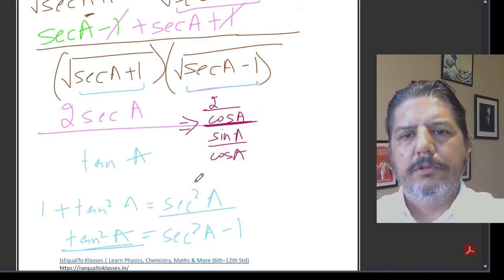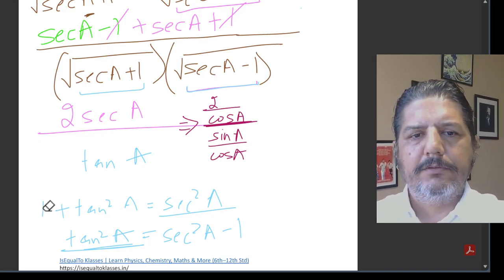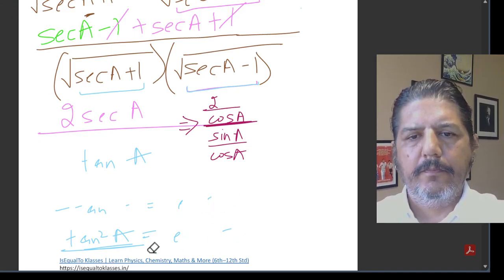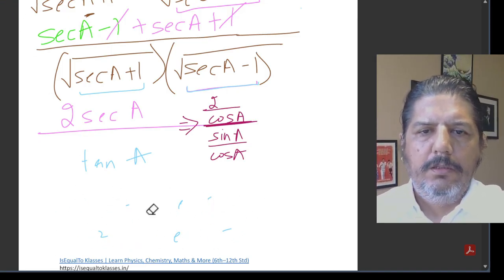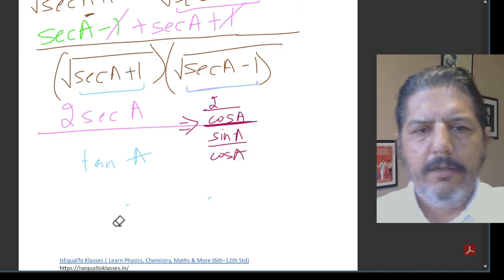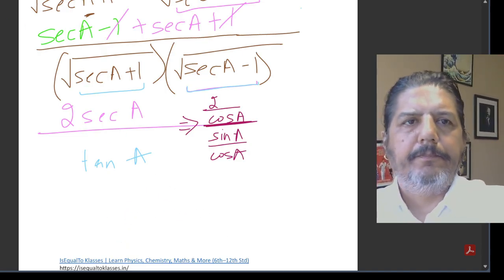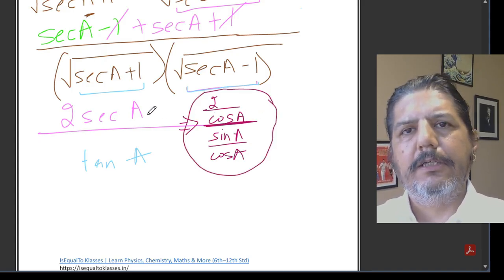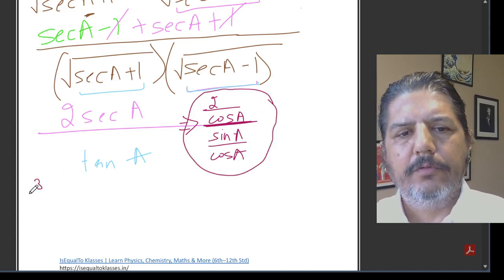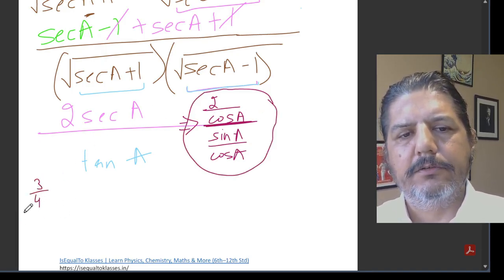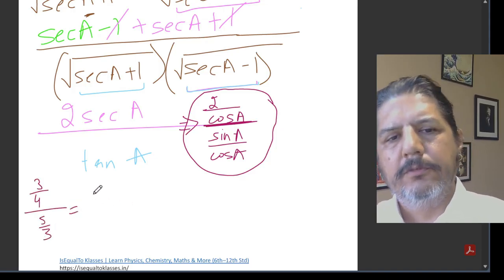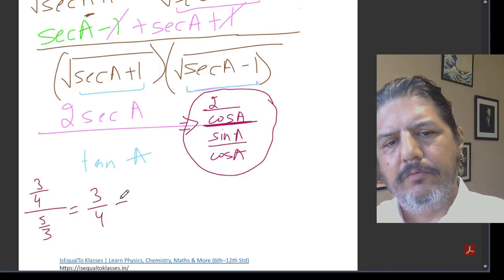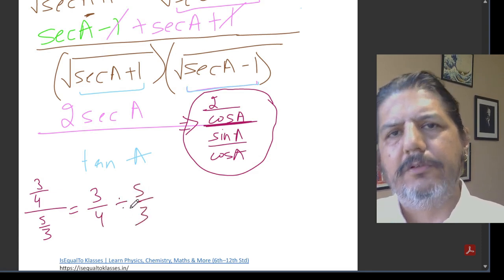Now let me make some space here. Again, a lot of students face difficulty when they see something like this, but this is very easy to understand. See, let me solve something like this: 3 upon 4 divided by 5 upon 3. So how do we solve this? We write this as 3 upon 4 divided by 5 by 3. This is just to explain.